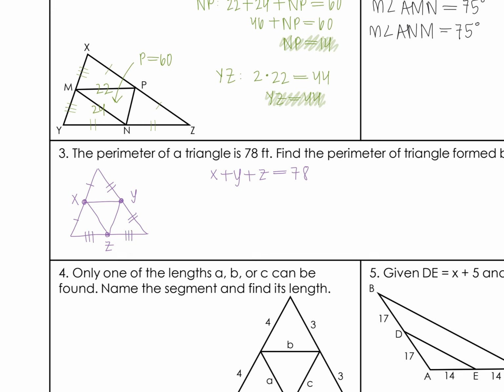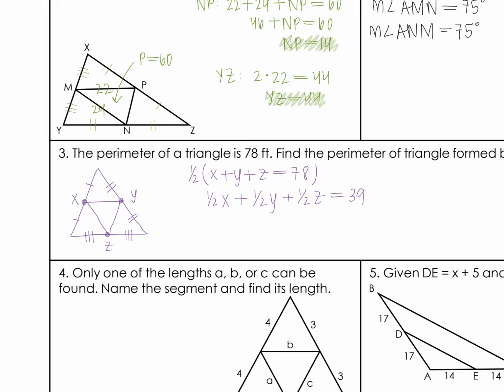And so what I can say is that since these mid-segments will then be just half of those side lengths, right? I can take this entire thing and multiply it by 1/2, and that will give me 1/2 of X, 1/2 of Y, plus 1/2 of that Z, and that will be equal to 39.